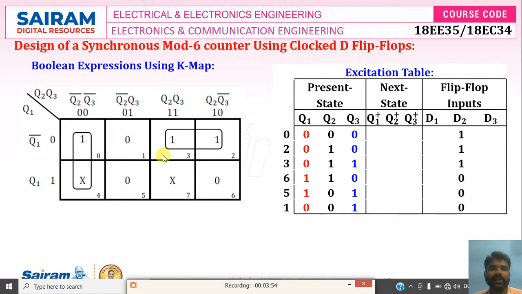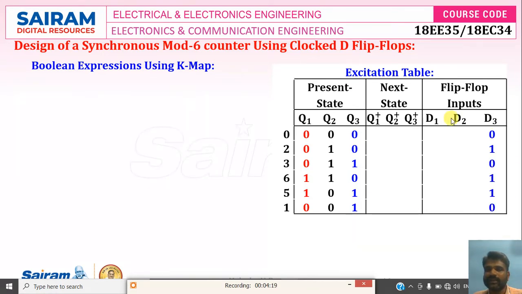So again here, two pairs are possible. For this the expression is Q2 Q3 bar and for this it is Q1 bar Q2. So this is the expression for D2.